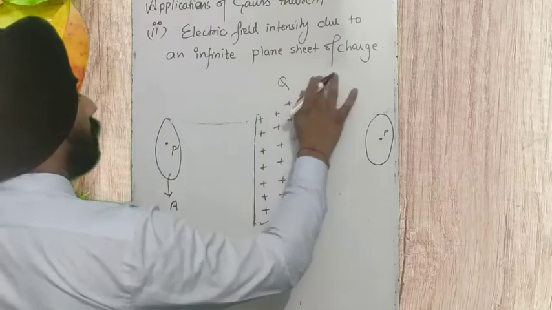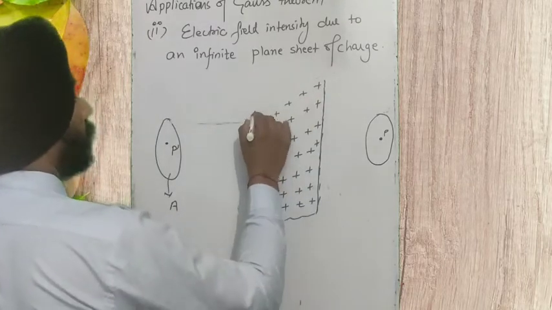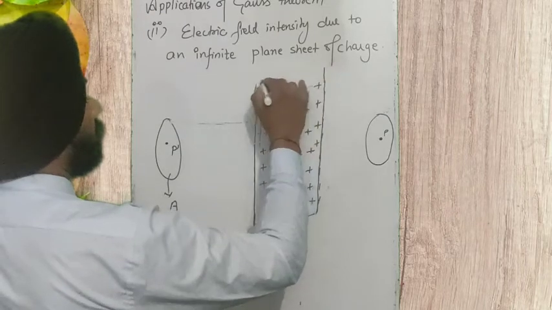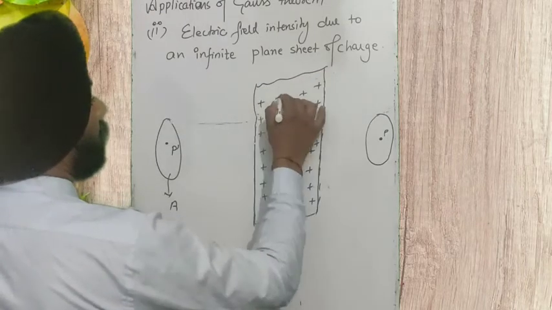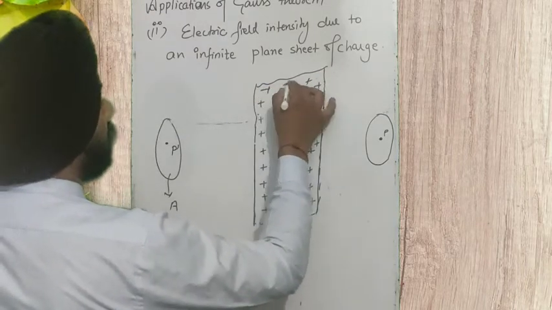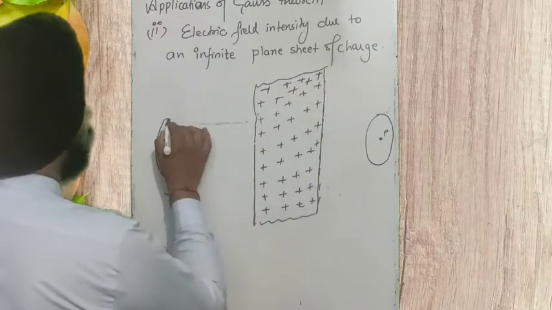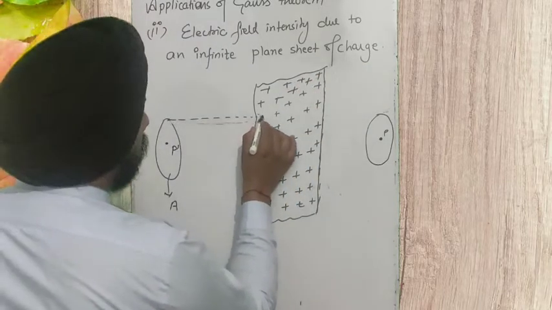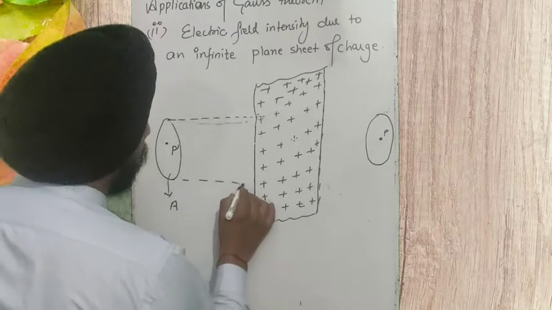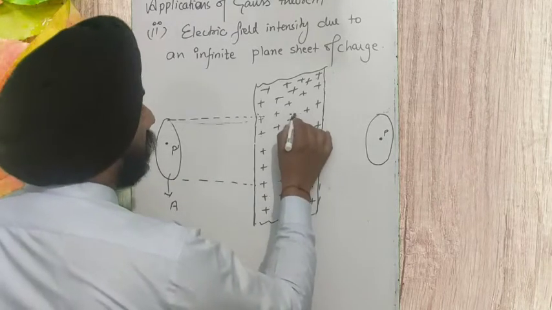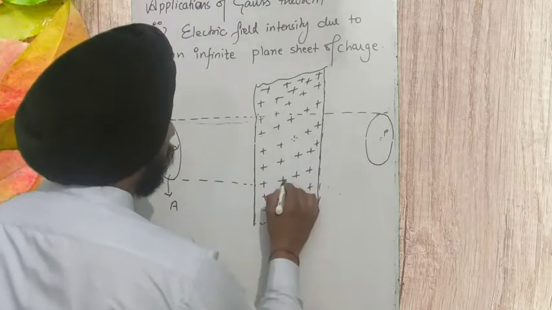I'll make this sheet a little bigger. Okay, so this is a Gaussian surface, and from here the field is emerging.